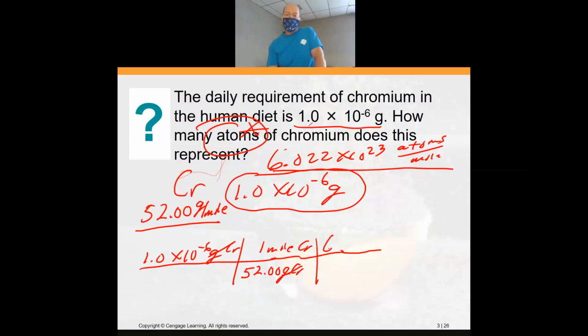And we see that there are 6.022 times 10 to the 23rd atoms of chromium in a mole of chromium. And so the moles of chromium cancel. And now you have atoms of chromium in the numerator. And so you have 6 divided by 52.